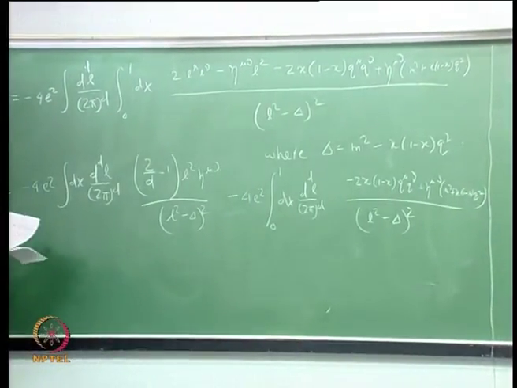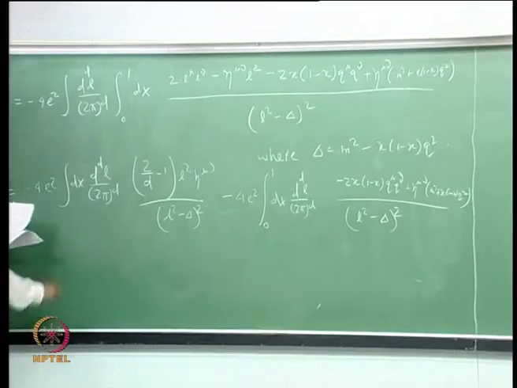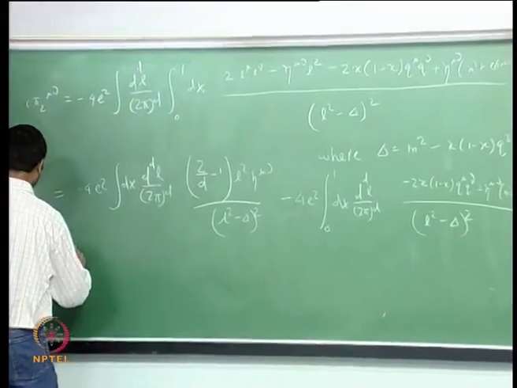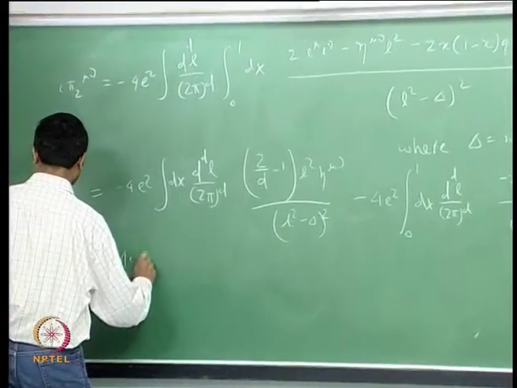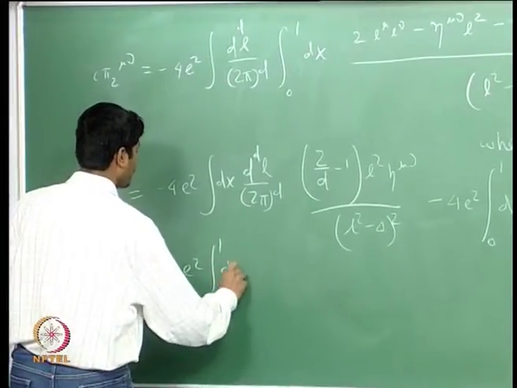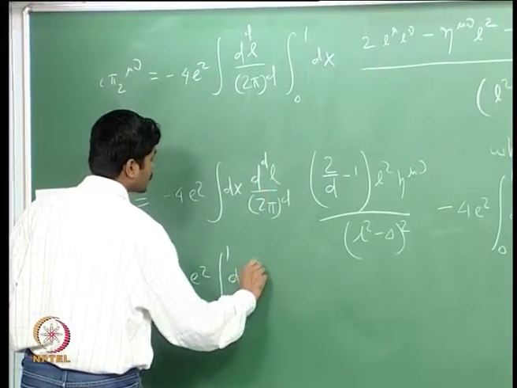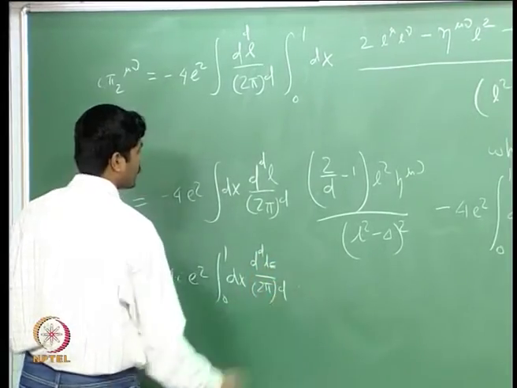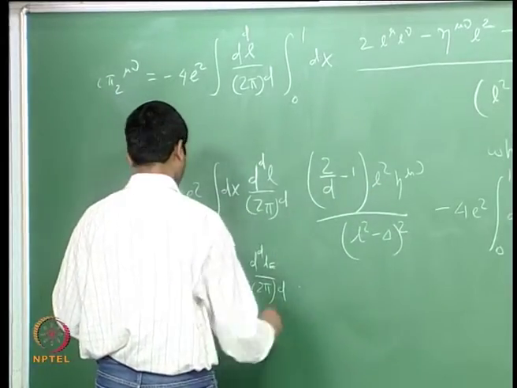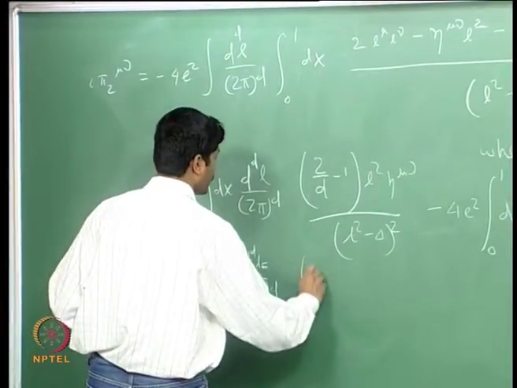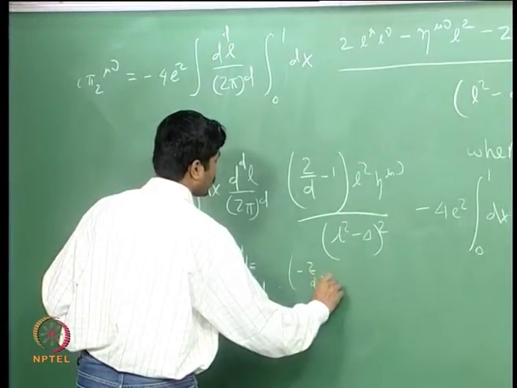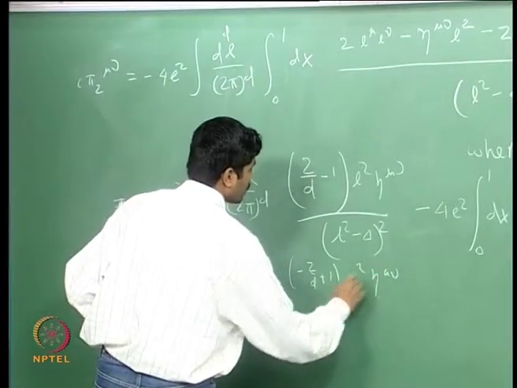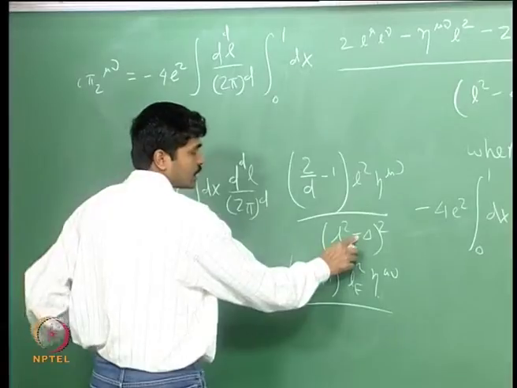When I do Euclidean continuation, what I get here is an overall factor of i: minus 4 i e square integral 0 to 1 dx, and this L will become L_E. So, d^d L_E divided by 2 pi to the power d, and here I will get an overall minus sign. So, I will get minus 2 over d plus 1, L_E square eta mu nu, and here instead of minus this will become plus.